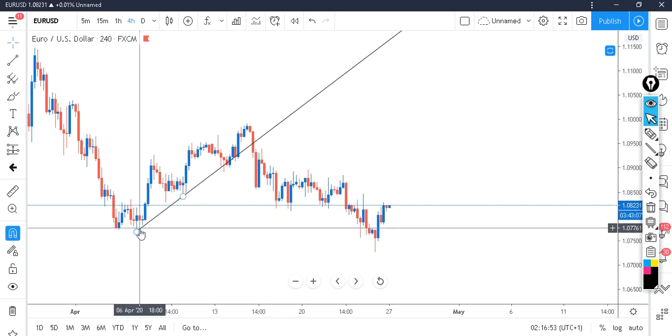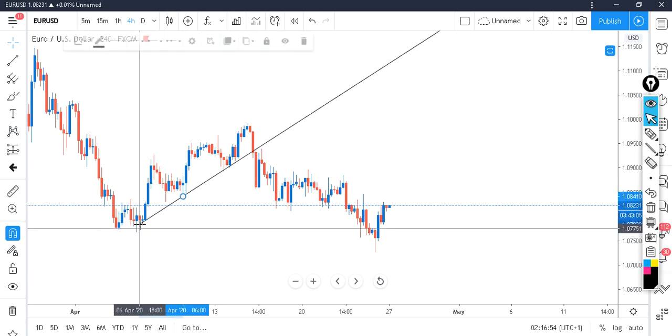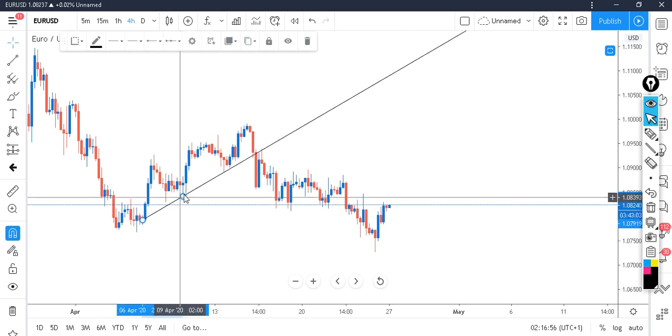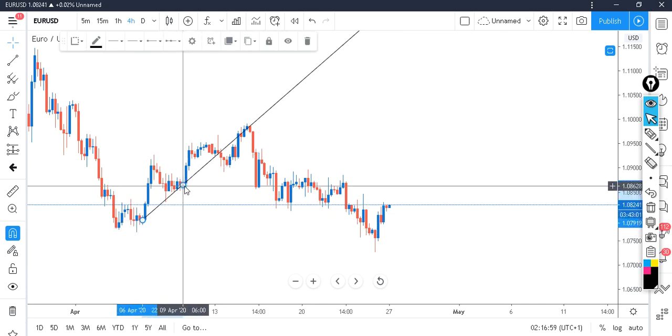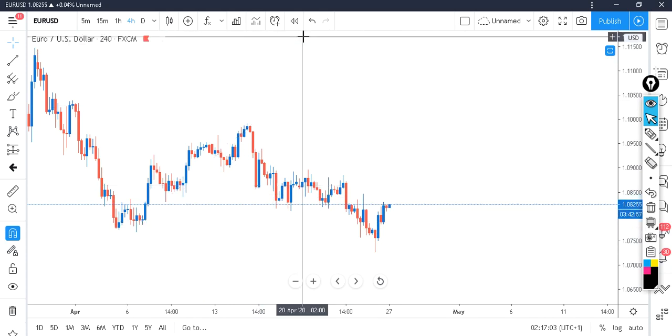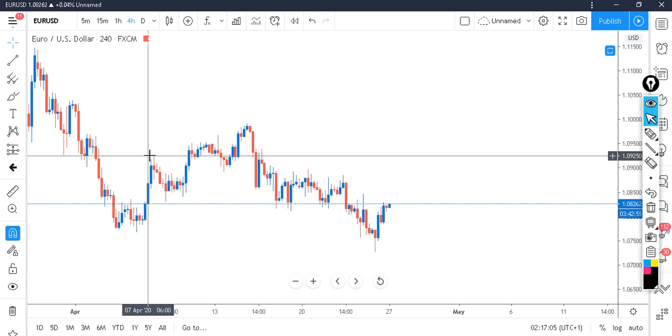Some traders do believe you can draw a trend line from body to body, from candle to candle. It's not wrong, but the best way to draw the trend line properly is to combine the two, wick to wick and body to body. What do I mean by that?